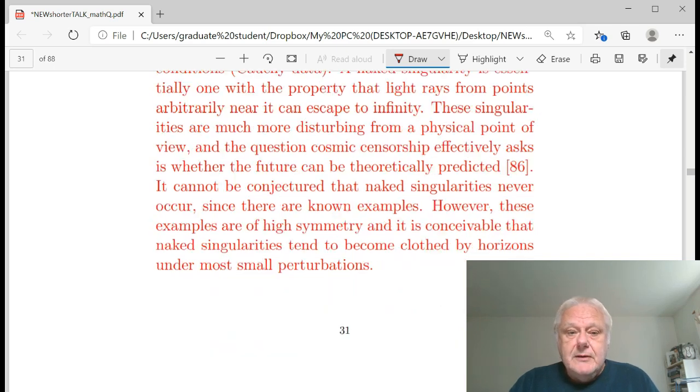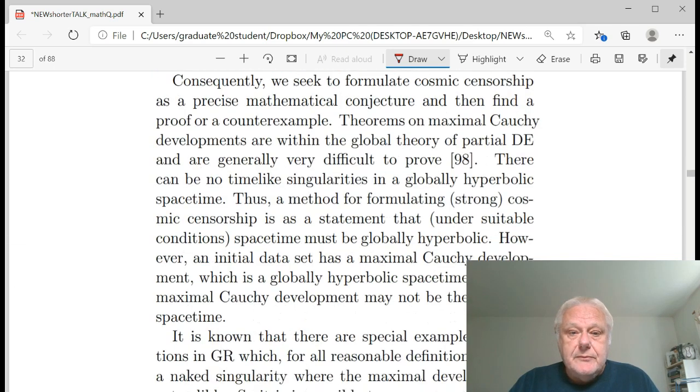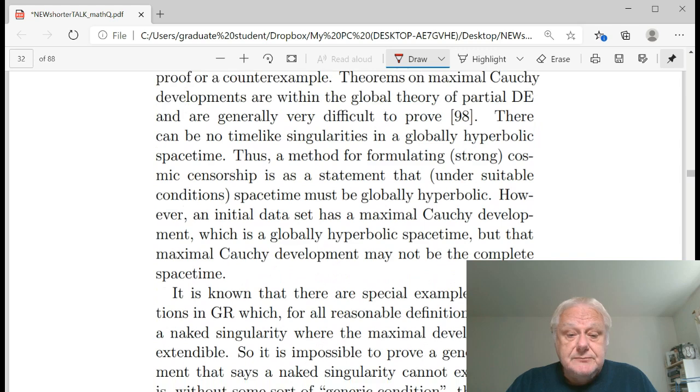We need to have a particularly well formulated expression of this censorship to be able to answer a question, and that's one of the problems. There is no well-defined formulation of this particular hypothesis.